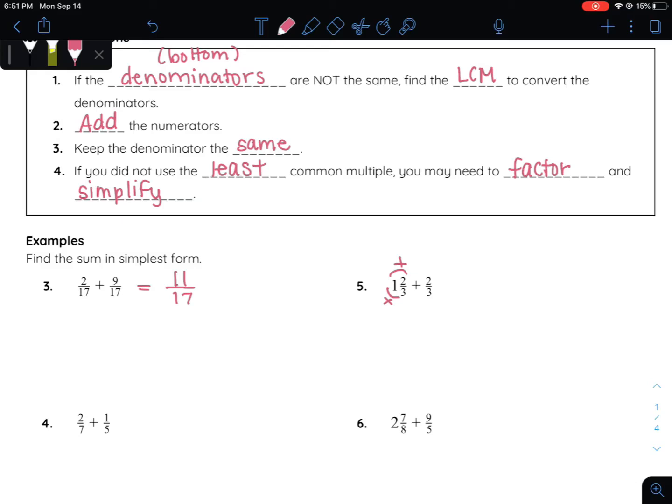So 3 plus 2, so that's going to be 5/3 plus 2/3. 5/3, 2/3, so those are both thirds, so we can add them to get 7/3. And if you want to convert it back, 3 goes into 7 twice, which is 6, so there's 1 left over.